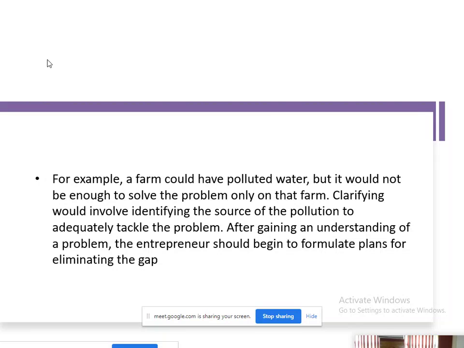So the farmer must realize that what I'm doing is also causing pollution to the water. This is just an example. Okay? The same kind of understanding must also be achieved by the entrepreneur to formulate the plans for eliminating the gap. Okay. Next.